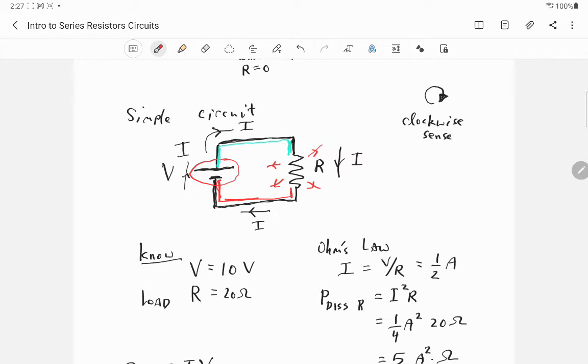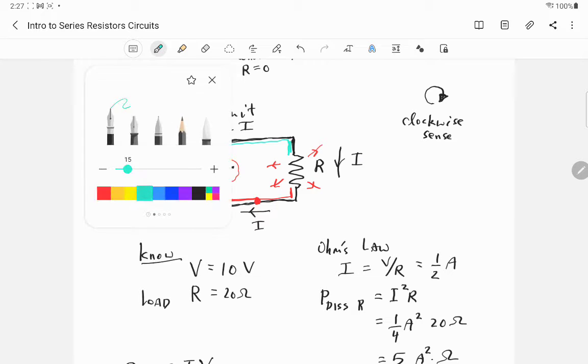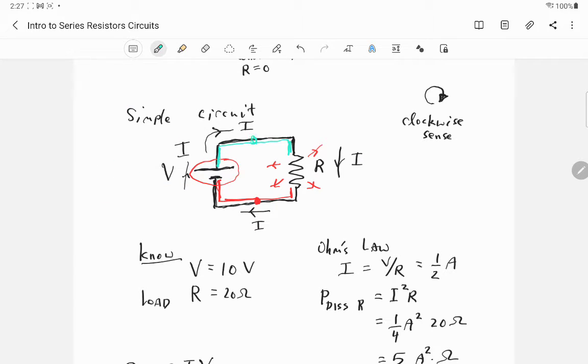2 conductors. And if I only have 2 conductors, then I only ever have one potential difference, because the lower conductor has one value of potential, and the upper conductor has another value of potential. And the difference in the potentials between the upper conductor and the lower conductor is maintained by the battery. That's the job of the battery.